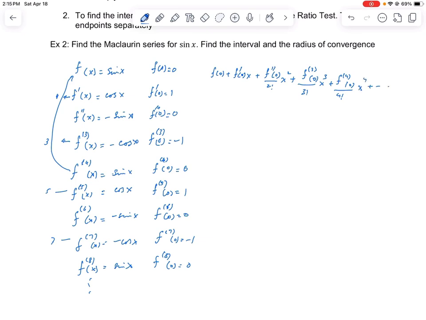So notice here, this is 0, this is 0, this is 0. So what does that tell us?